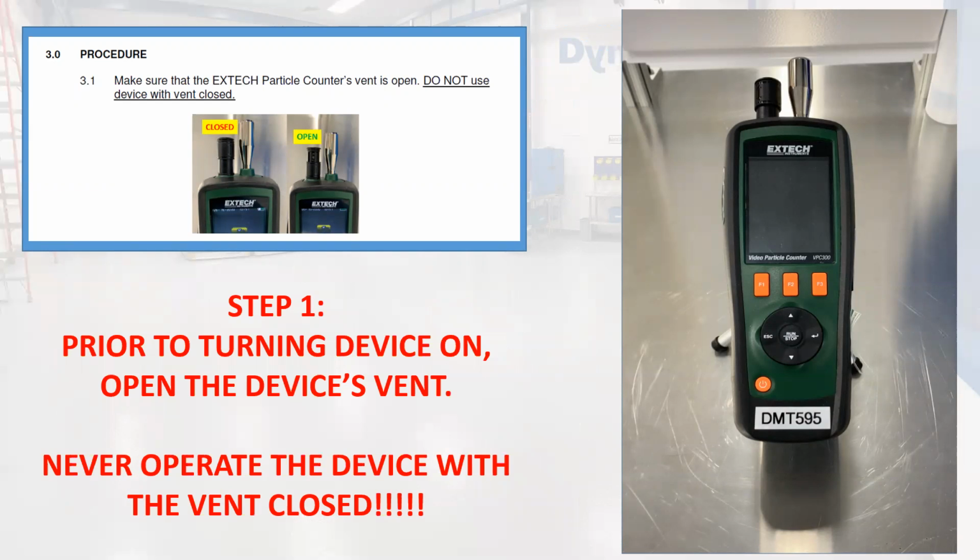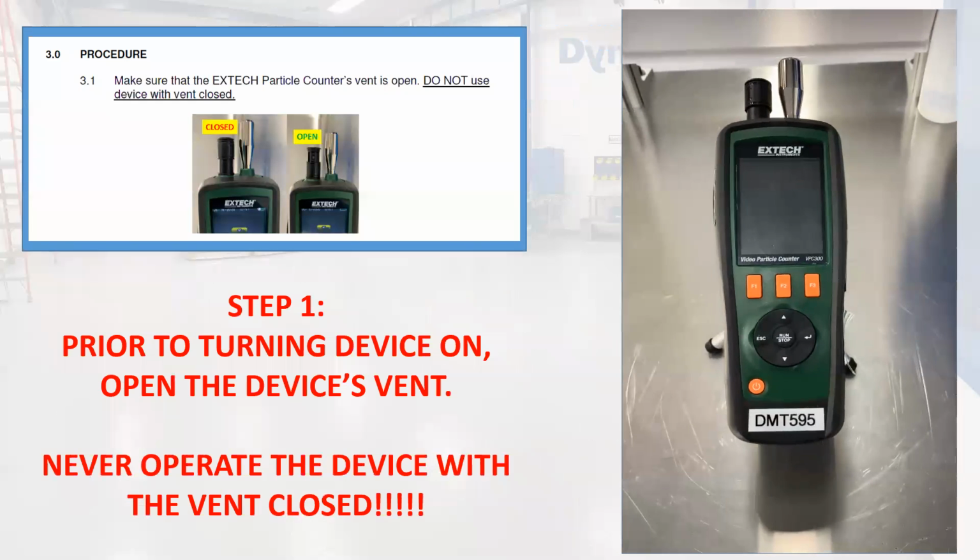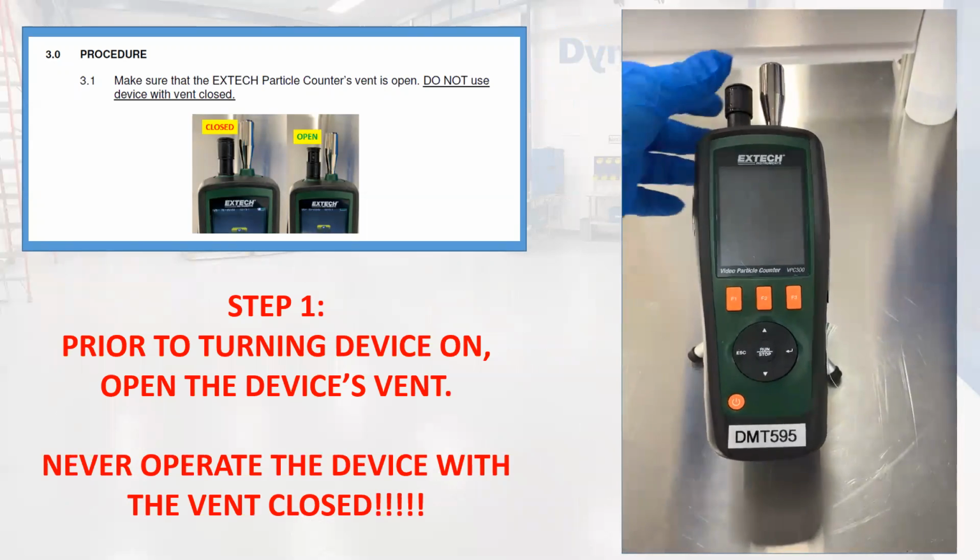To actually take a particle count with the Extech VPC 300, step 1, prior to turning on the device, open the device's vent. Never operate the device with the vent closed.